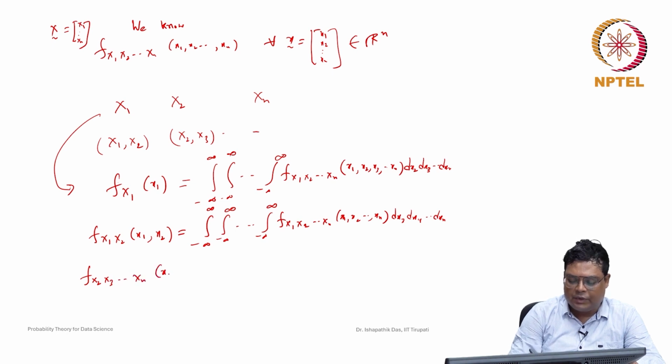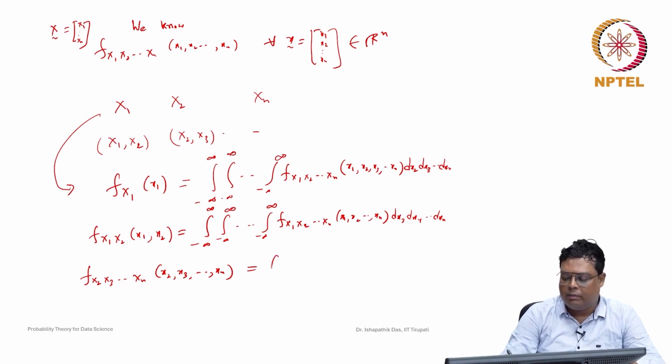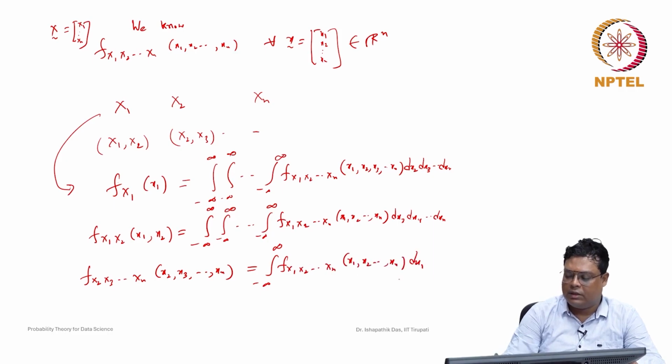This is one subset, and we want to keep these variables. These are the random variables for which we want the marginal probability density function. In that case, because we do not want x1, we integrate the joint probability density function of x1, x2, ..., xn from minus infinity to plus infinity with respect to dx1. Whatever we do not want, we integrate out. Then we find the marginal probability density function.